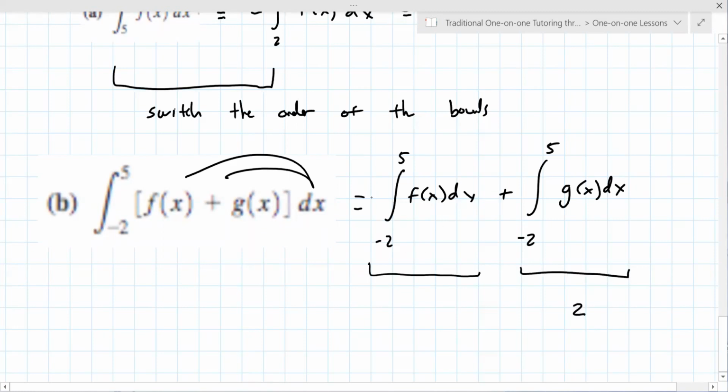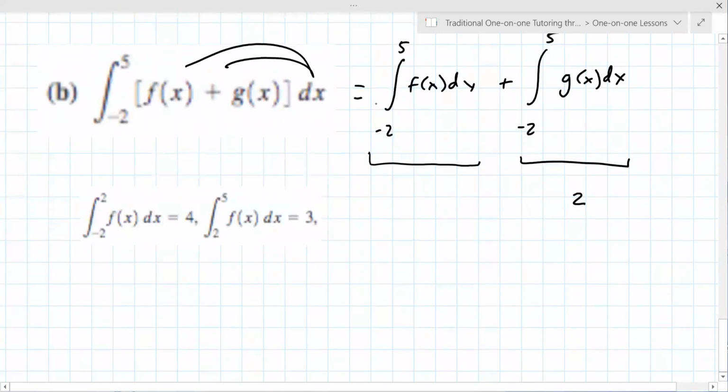Now this is another property here. This one, you can split apart the bounds or combine them. So let me snip this in. I think this will be clear. This first one is really the sum of these: going from -2 to 2 of f of x dx plus 2 to 5.